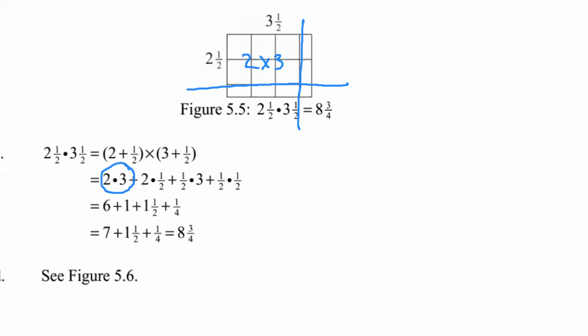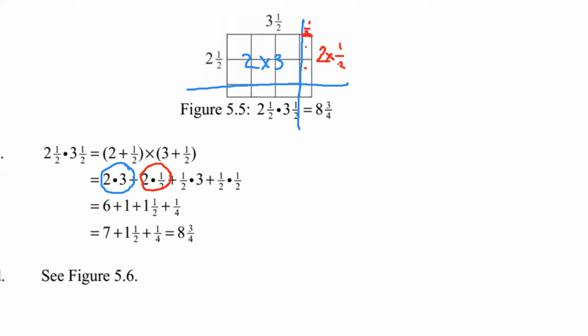Okay, we also have here a 2 times 1/2, right? Because this space here is only a half in size. So there's our 2 times 1/2, which is right here.